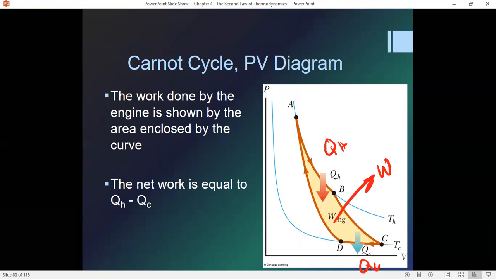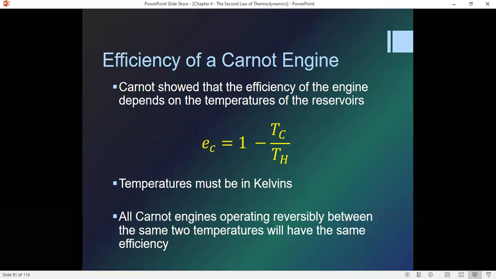So net work is equal to QH minus QC. That's true for any heat engine. But this is the result that he got. This is the important thing.